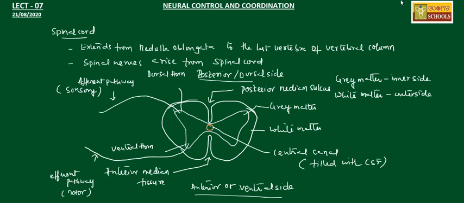Just like the brain, which is covered by three meninges, the spinal cord is also covered by three meninges. The inner one is the pia mater. It is present all over, though here I'm drawing it just on one side.